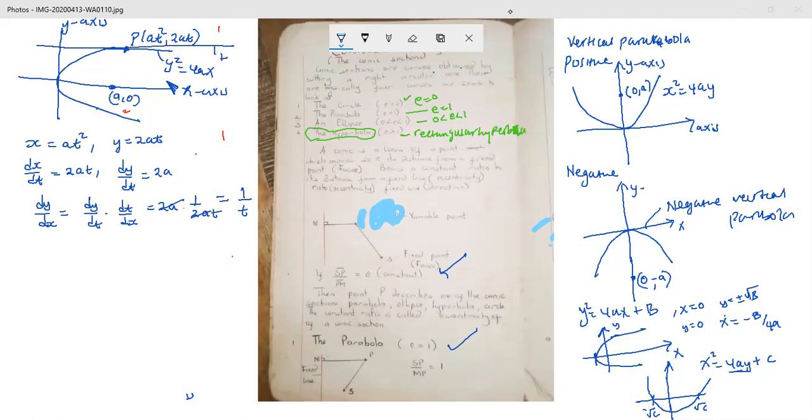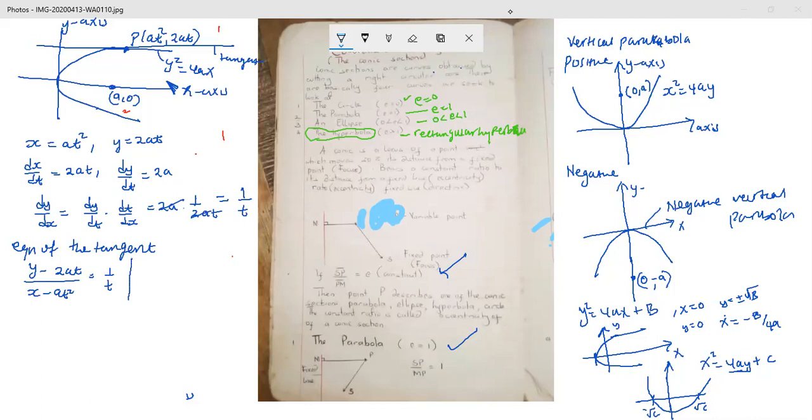So that becomes the gradient of the what? Of the tangent. So if I want to find the equation of the tangent, what shall I do? I'll suggest (y - 2at)/(x - at²) is equal to 1/t.